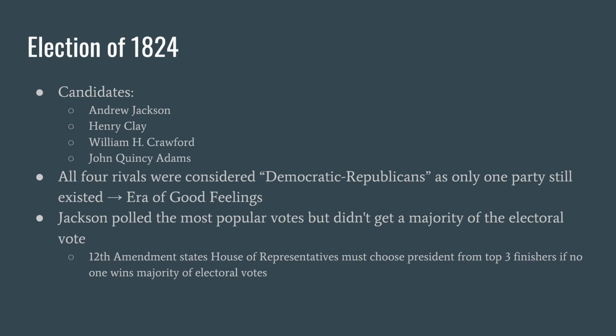So this election gets kicked to the House of Representatives. The 12th Amendment says that the House of Representatives must choose a president from those top 3 finishers if no one wins the majority of votes. So you might think that this is a no-brainer. Andrew Jackson wins most of the popular vote. He is the one who should be elected president.